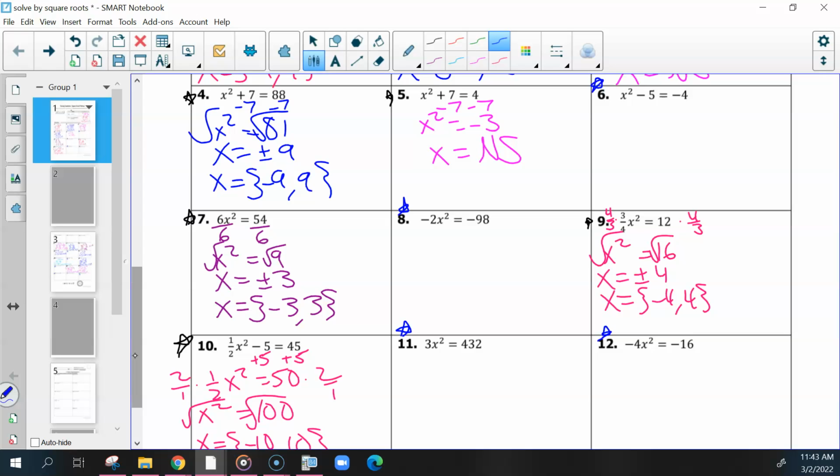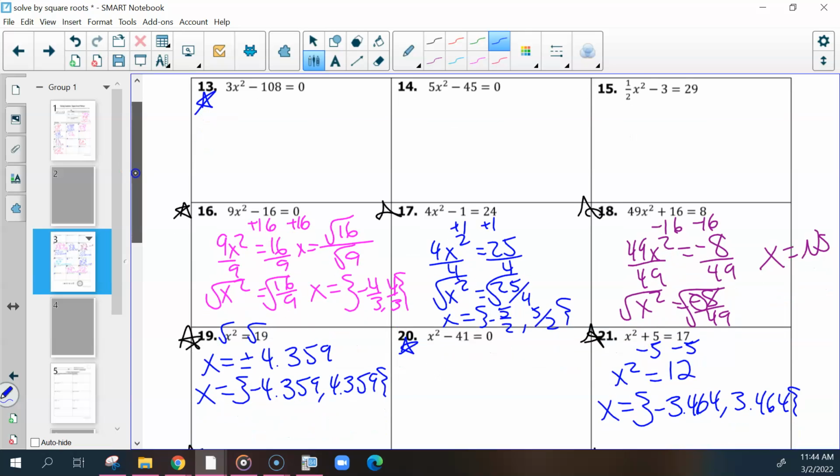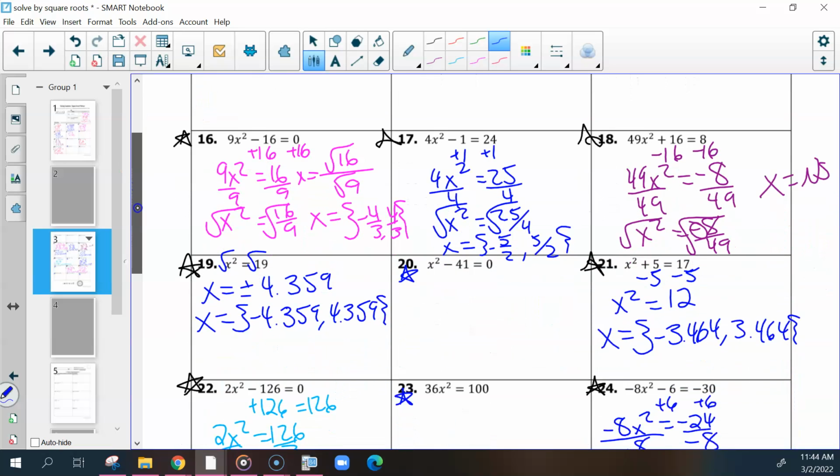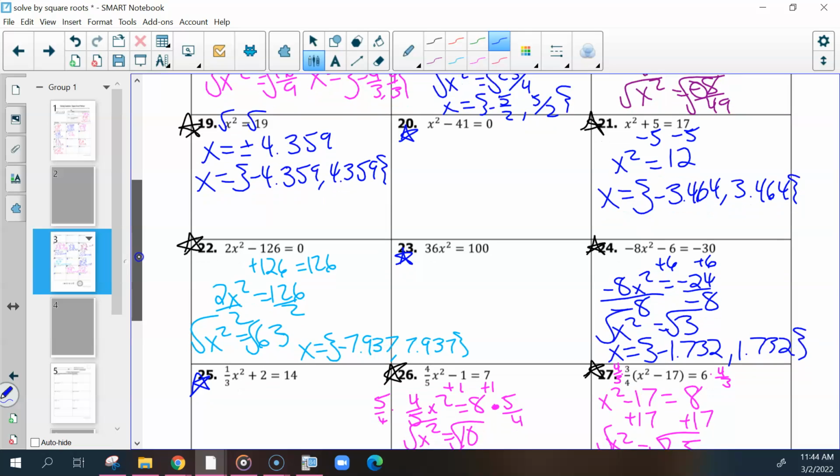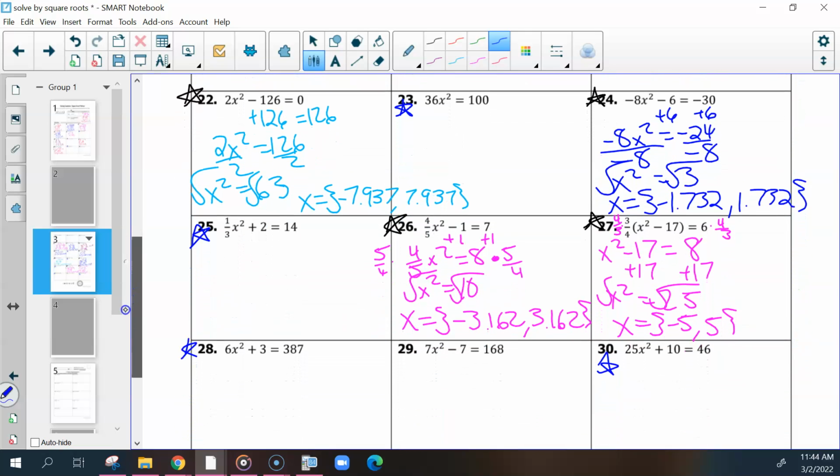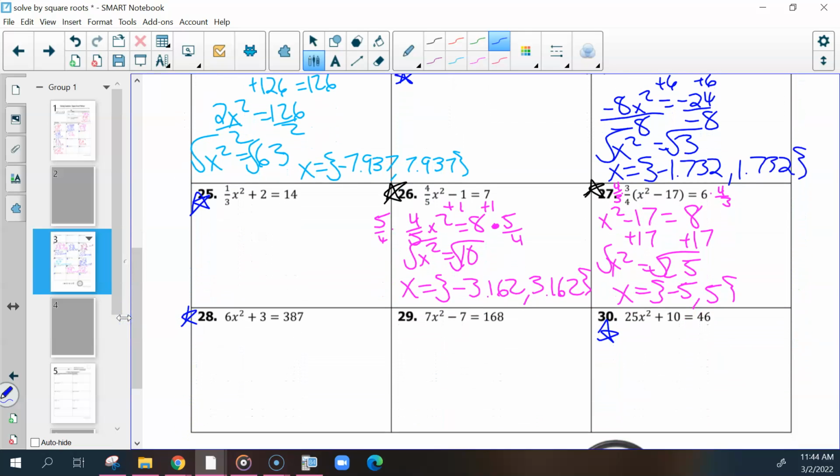Circle them, star them, something so you know to go back to those. 6, 8, 11, and 12. And on the back, numbers 13, 20, 23, 25, 28, and 30.